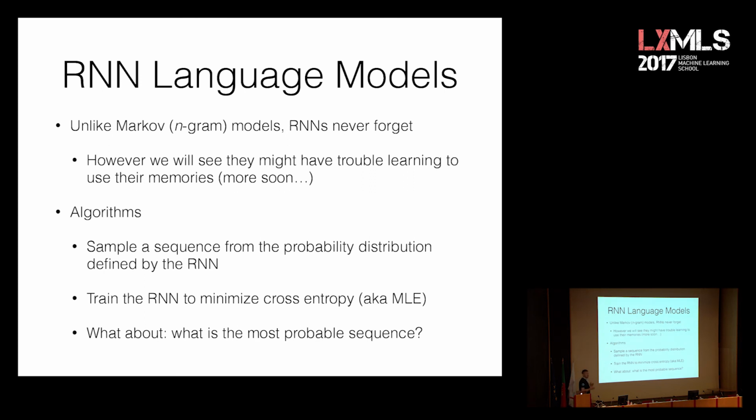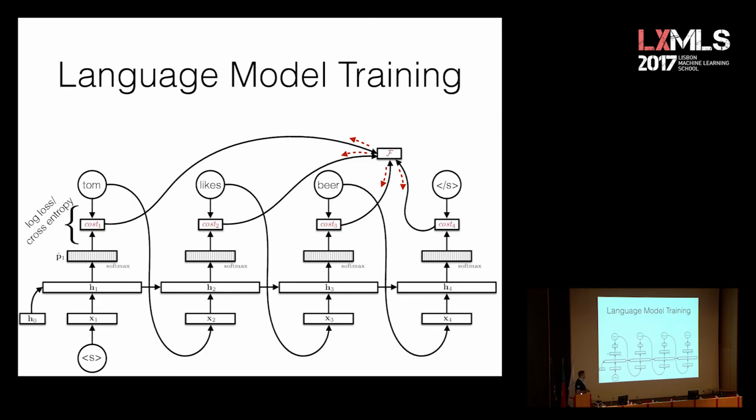So these are things that Markov models just forget because of their construction. Yeah? In the previous slide, the input vector of one step, is that the real previous word? It is the real word that the universe has sampled for us.